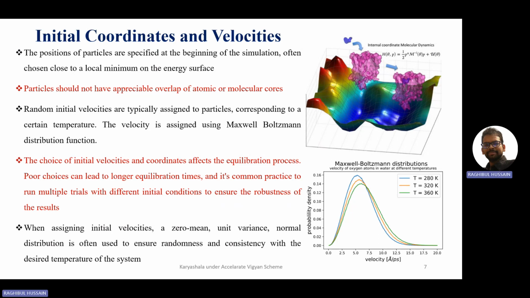Again, the particles should not have appreciable overlap of atomic or molecular cores. Let's say you are working with hexanes. Another hexane should be placed with some distance. It cannot be placed like this, because then, at the very start of your simulation, when you give the velocity, these two hexanes, as they are basically overlapping, will repel each other.